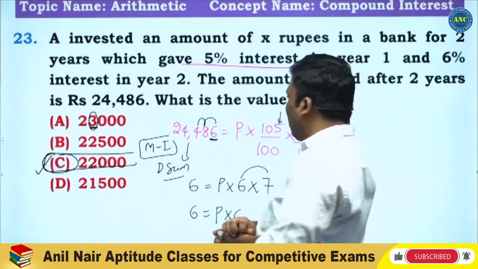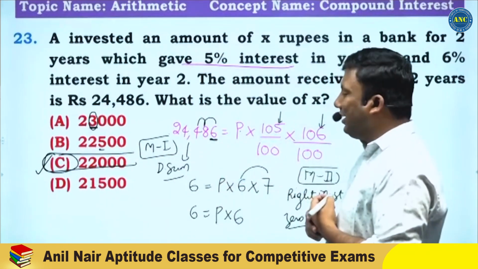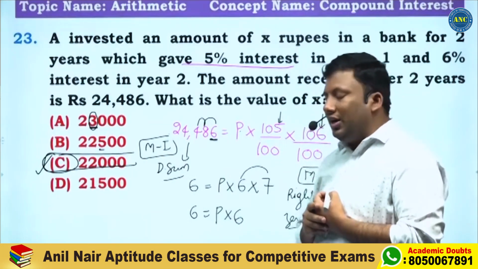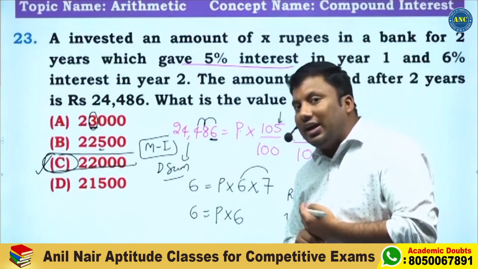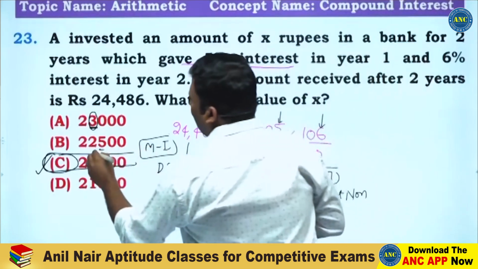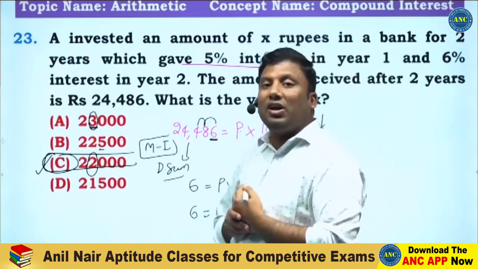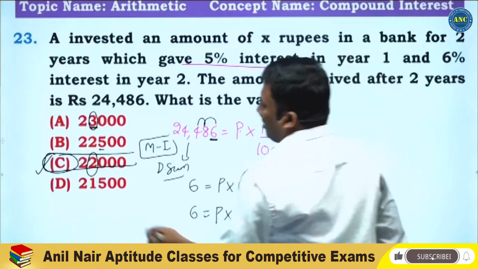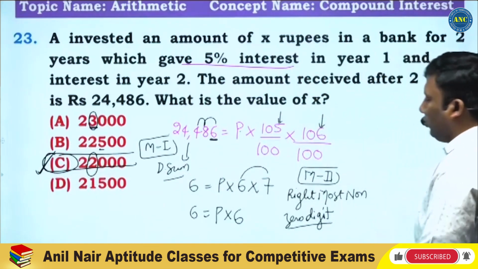Next one, 22,500. Rightmost non-zero digit, it is 5. 5 5s are 25. Unit digit, it is 5. 5 6s are 30. 30, what is the rightmost non-zero digit? 3. It is not possible. If it is 2, 2 5s are 10. 10, what is the rightmost non-zero digit? 1. 1 6 is 6. It is 22,000.